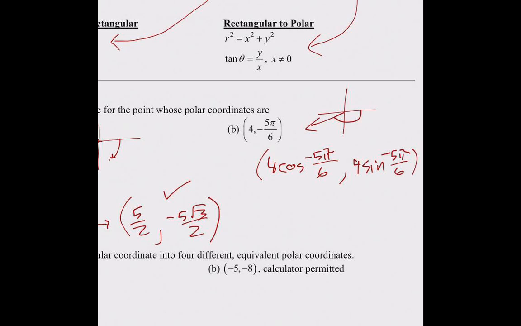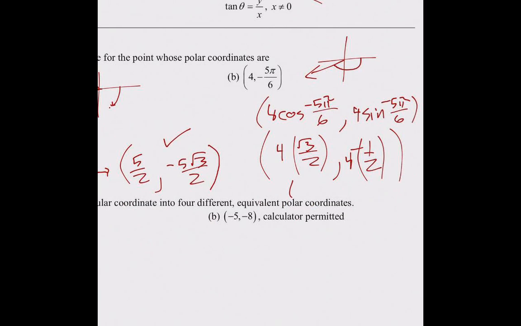If I do cosine, that should be negative radical 3 over 2. And my sine of that value should be -1/2, times 4. So we get 2 radical 3, comma -2. Those are our coordinate points.